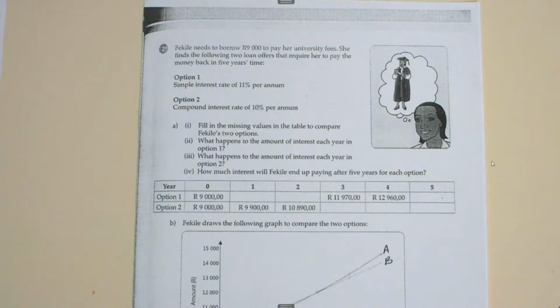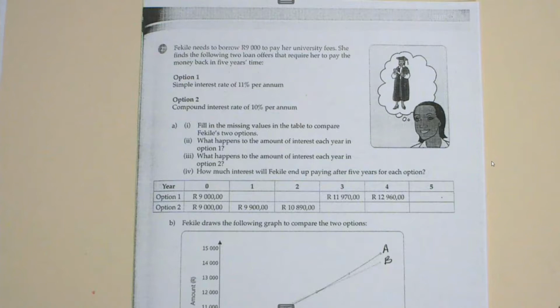So when we look here, we will see our graph on the amount in rand. Remember, the most important thing is the currency. Fikile is in South Africa because she is using the ZAR, which is the rand. So we have 9,000 and our graph moves gradually by 1,000. So from 9,000 we have 10,000, 11,000, 12,000, 13,000, 14,000 and 15,000.